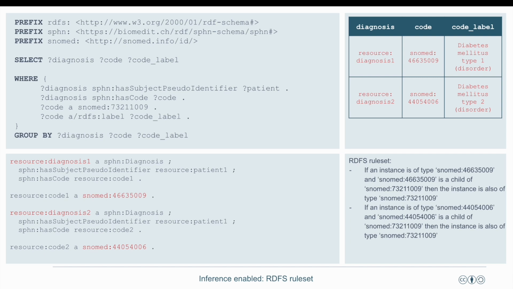And this information of diabetes mellitus type 1 and type 2 being subclasses of the diabetes mellitus concept is already defined in SNOMED-CT. And so your data would have to be present with the SNOMED-CT terminology for this inference to be possible. So inference is a powerful way of working with your data, especially when the semantics of your data is defined as part of a standard or a schema.